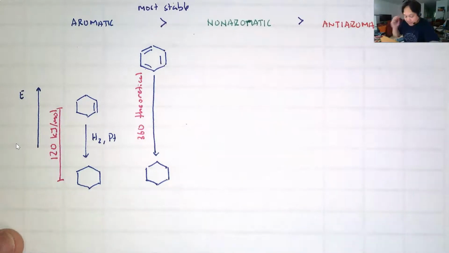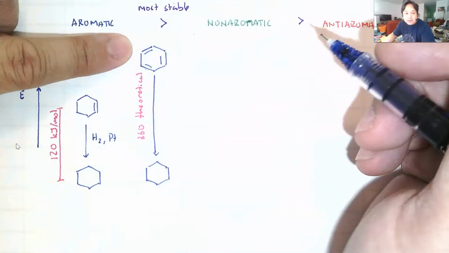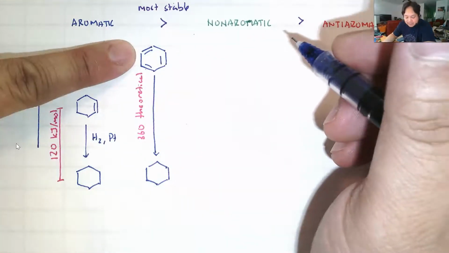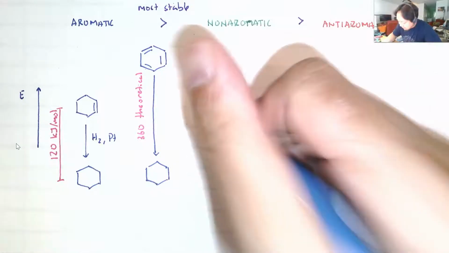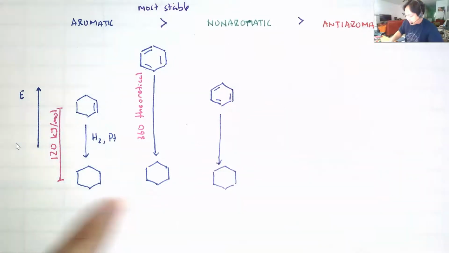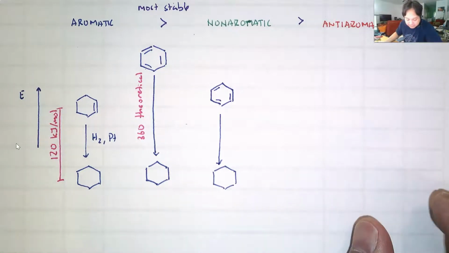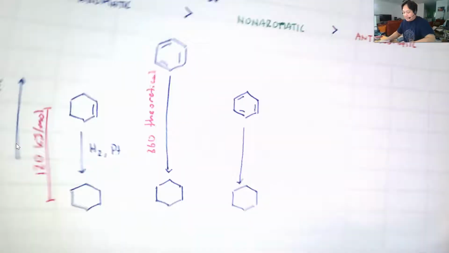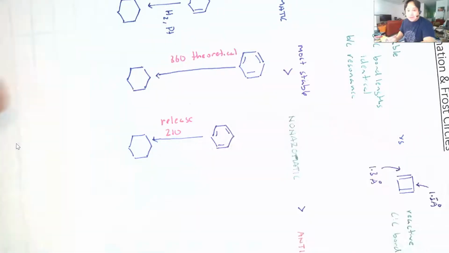But in actuality, benzene is much lower in energy than the theoretical benzene, or you could even think of this as cyclohexatriene. Benzene is lower. Again, this is not to scale, unfortunately, and all of these should be on the same level. Actually, it only releases 210 kilojoules per mole.